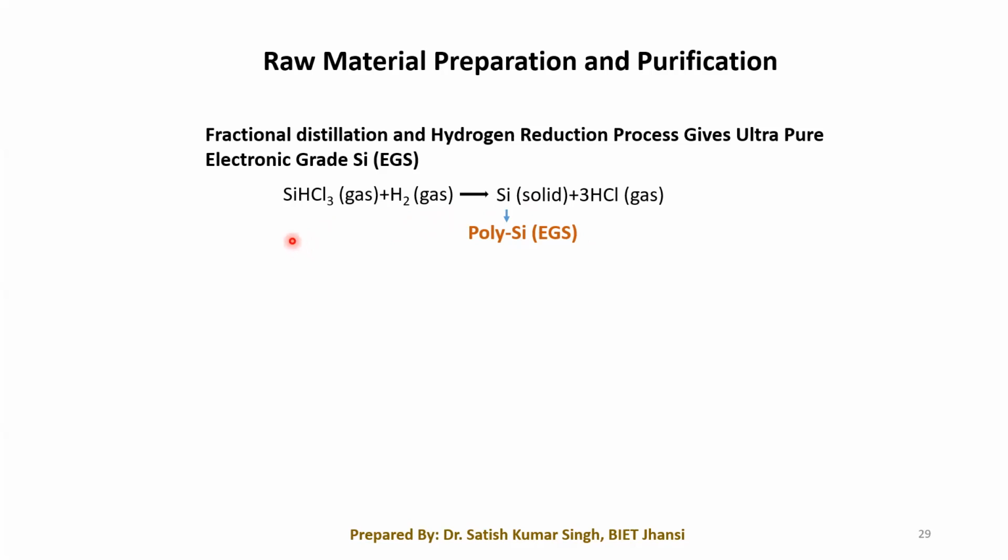So you do not bother about it, because this topic is there and we will be discussing it in detail. Right now we just focus on what chemical reaction will take place and how we will get the polysilicon out of MGS.